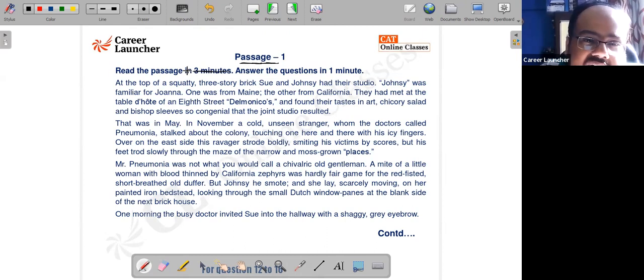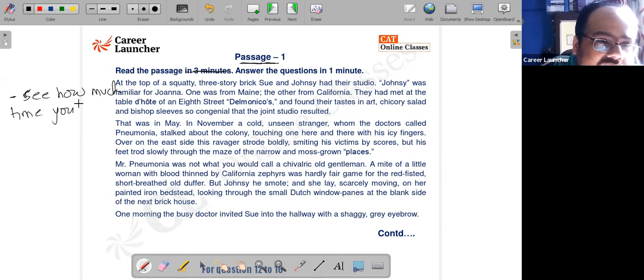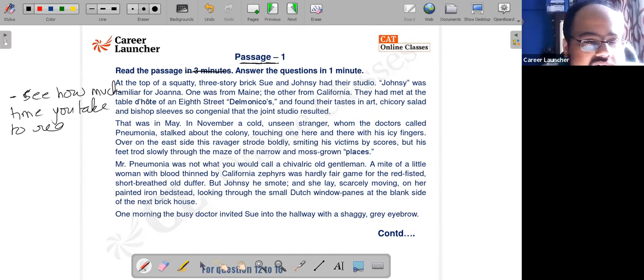Don't try to finish the passage in 3 minutes, but at the same time, see how much time you take to read the passage. I repeat, you don't have to read it in 3 minutes, but please see how much time you are taking to read the passage and understanding it.